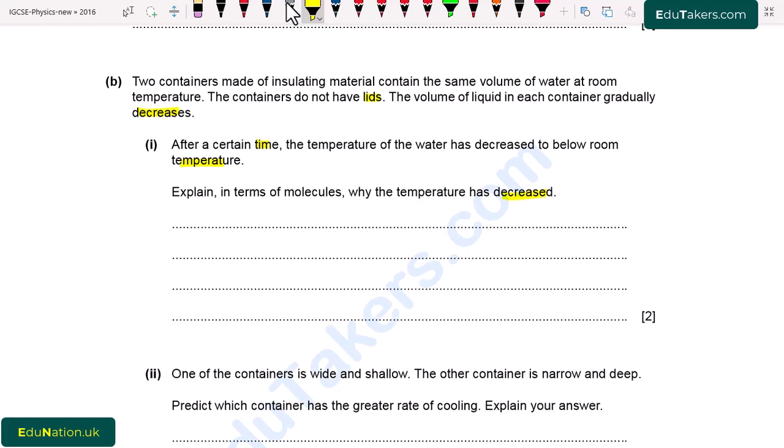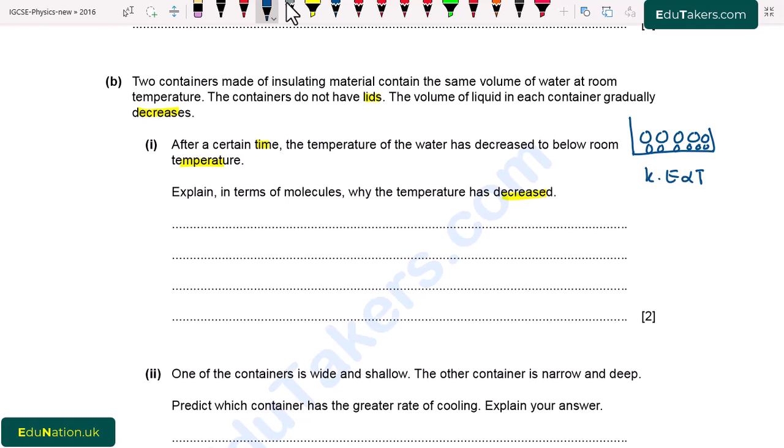So first of all, I consider the surface of the liquid, and the very high kinetic energy molecules escape from the surface of the liquid and all other molecules that have low kinetic energy remain in the liquid. So as the average kinetic energy of the remaining molecules decreases, and kinetic energy is directly proportional to temperature, the temperature also decreases.